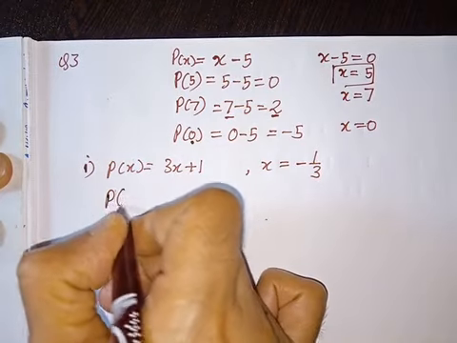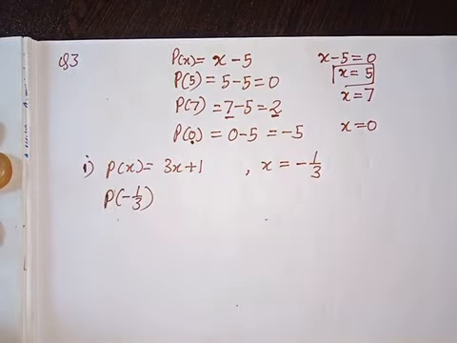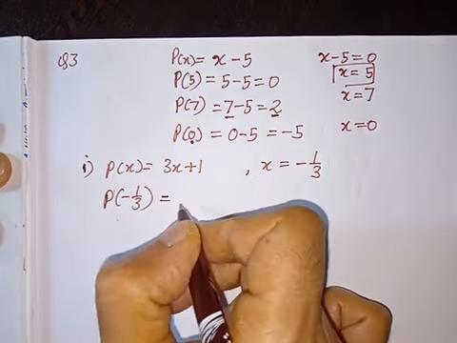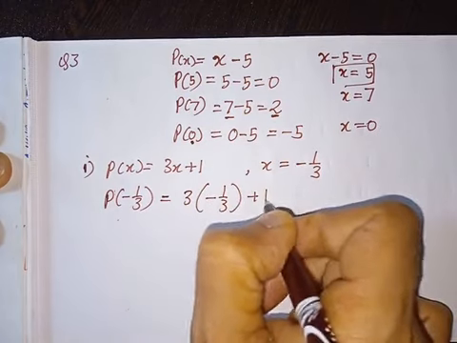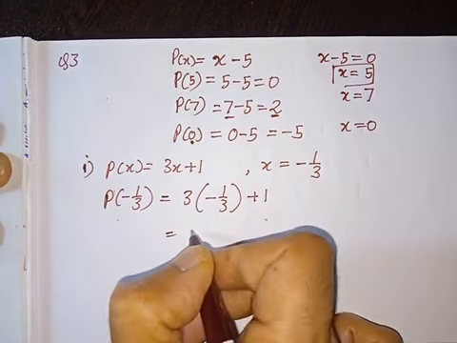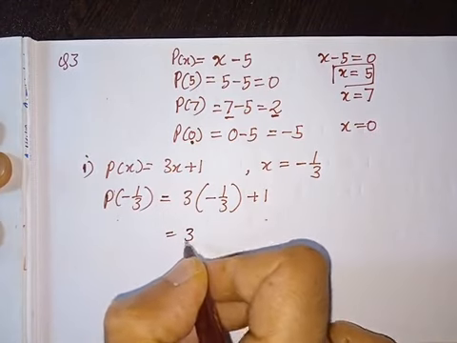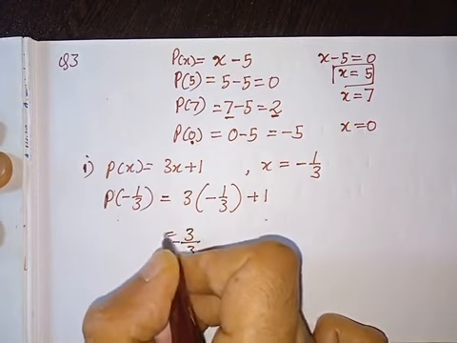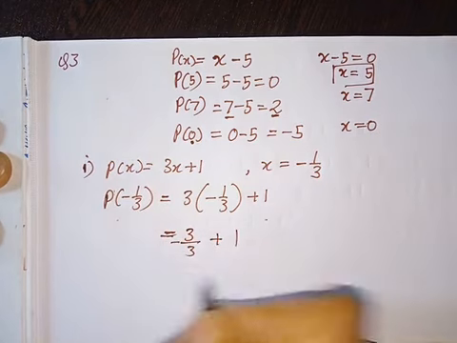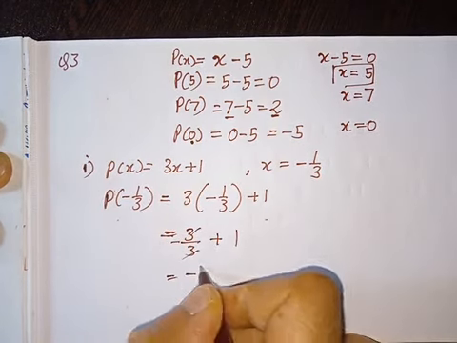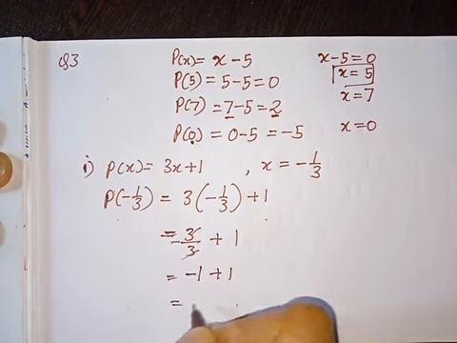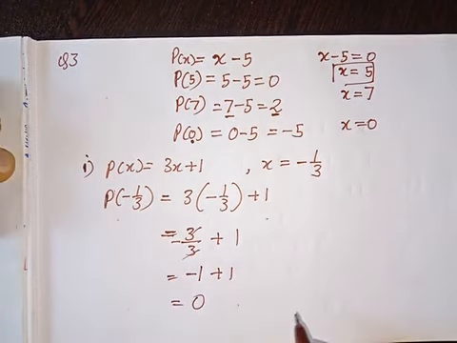So it becomes, because we are replacing x by minus 1 by 3 and now substituting it in the polynomial and solving this. Now these 3 get cancelled, 3 ones are 3, so you are left with minus 1 and plus 1, so the result you get is 0.